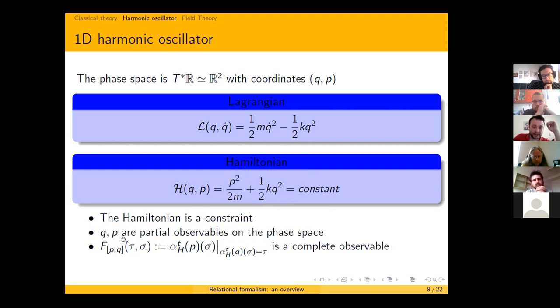By this I mean, you may ask, but Q and P are coordinates, not functions. What I mean is to take Q as the first partial observable, which is the projection of this point onto the first factor, and P as the projection of this point onto the second factor.